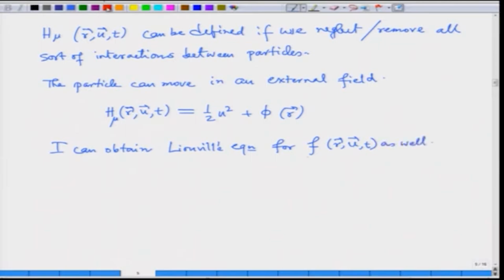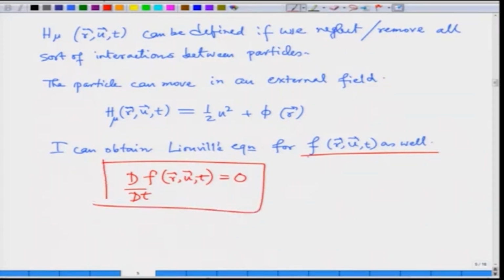And that is a very important message. So, you can say df/dt of f r u t is equal to 0 only for non-interacting systems or non-interacting particles.